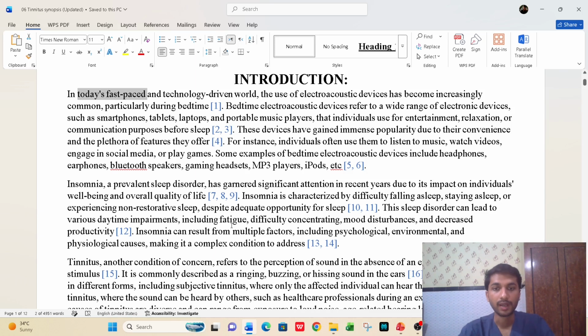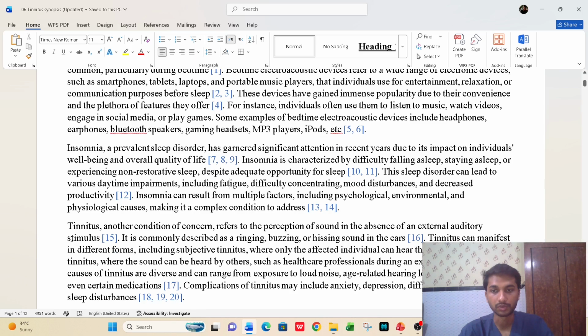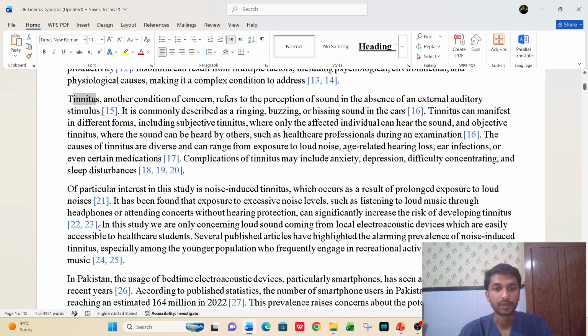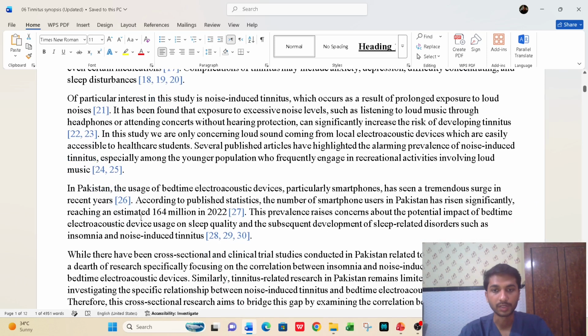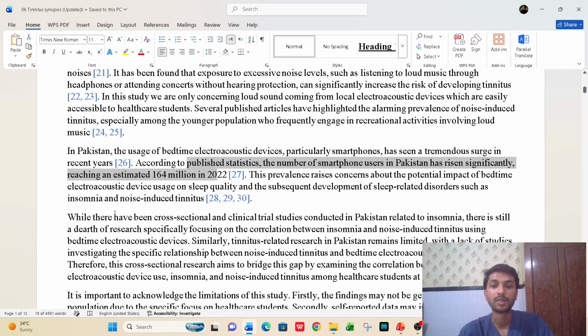After that you are coming more specifically, telling about sleep disorder, then what comes to tinnitus. After that you are being more precise for your study, like according to published statistics this year, specific to your country and your population. And then you are talking about the research gap.